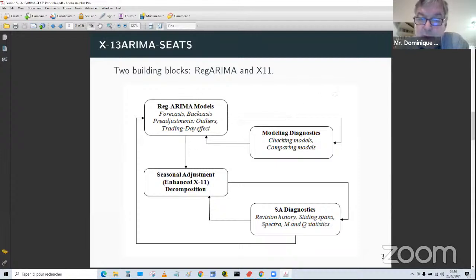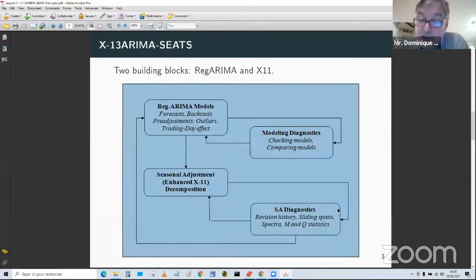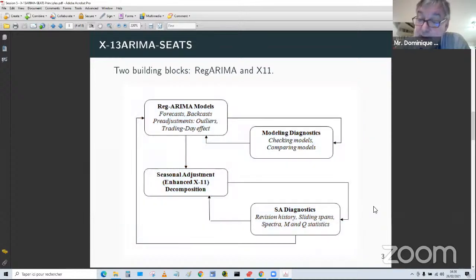And after, when you clean the series, if I can say so, if you remove all the non-linear effects like the outliers and the trading day effect, you will do a seasonal adjustment, which means the decomposition, the estimation of the trend-cycle, the seasonal component and the irregular. You will do that using moving averages, mostly the same kind of moving average we studied yesterday.